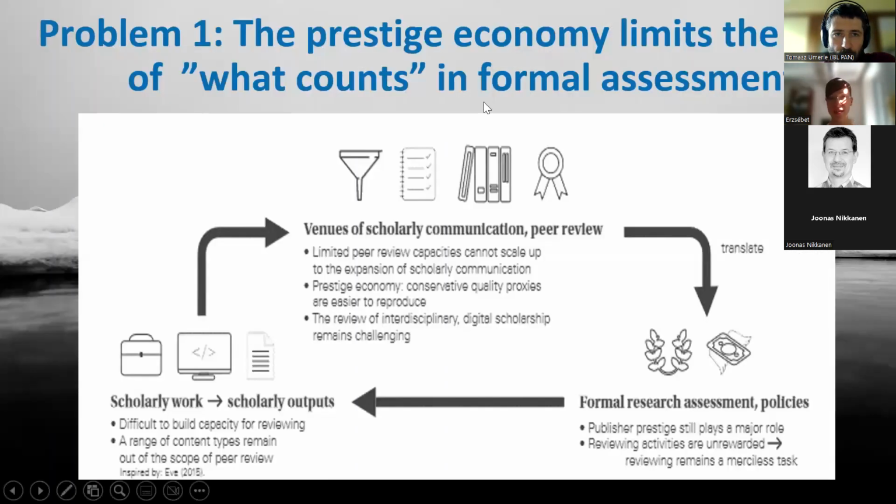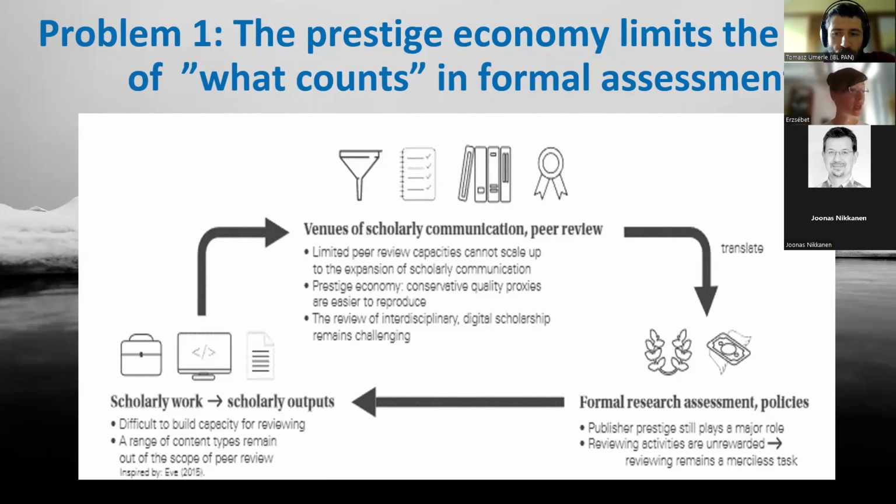So basically, our conclusion is that it is this prestige economy, summarized in this kind of visualization, that defines the scope of what kind of content types make it to formal assessment and research evaluation.